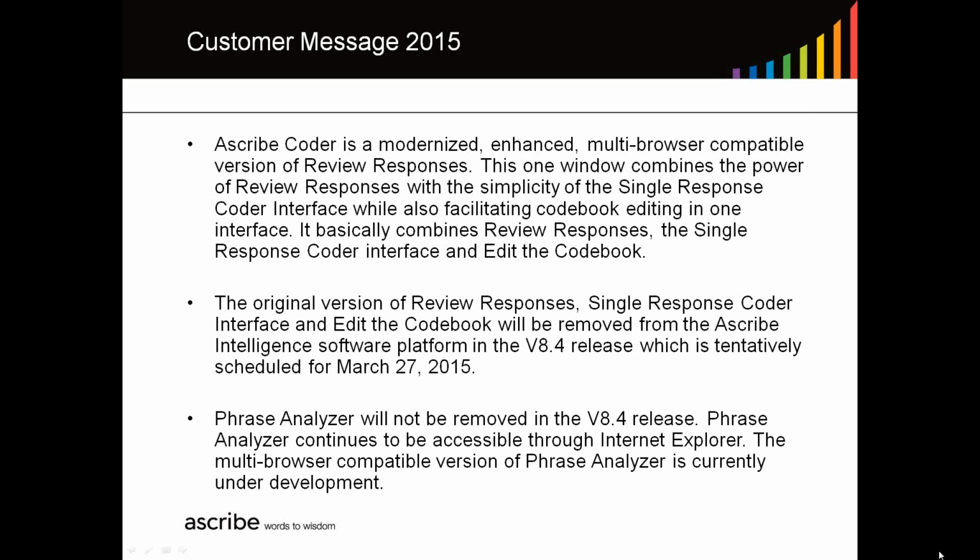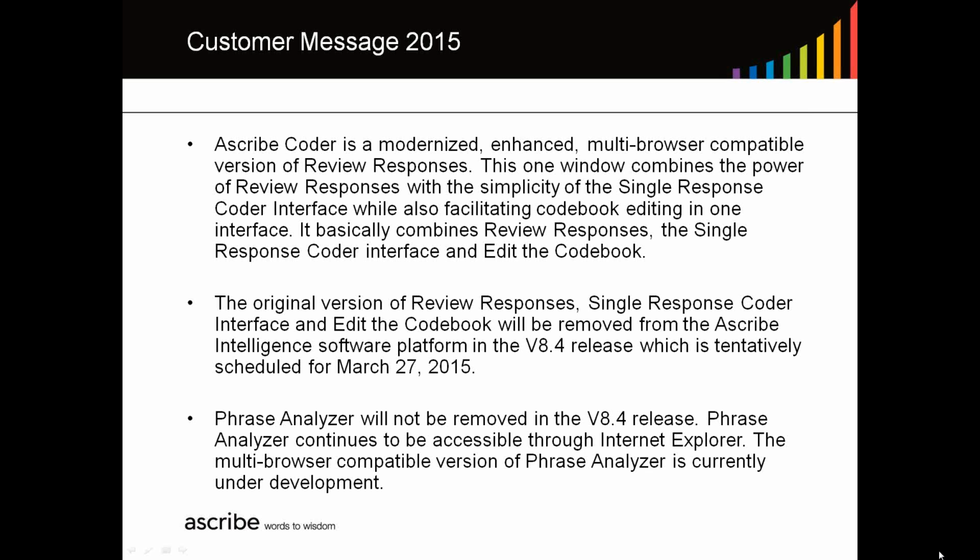A question that comes up often when we're going through these is, what about Phrase Analyzer? Will Phrase Analyzer be removed in version 8.4? It absolutely will not. Phrase Analyzer is under development right now, and it will stay as it is, accessible through Internet Explorer until it is rewritten or incorporated into Ascribe Coder.